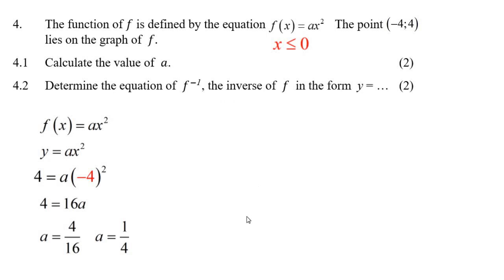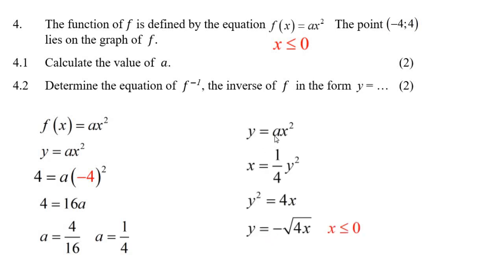Well, now the next part is to find the inverse. So we've got y equals, I should have said, 1/4 x squared. All you do is switch x and y. You get the inverse. But now we have to put it in the form y equals, so we've got to multiply both sides by 4. We get y squared equals 4x, and then we have to do the opposite of squaring.